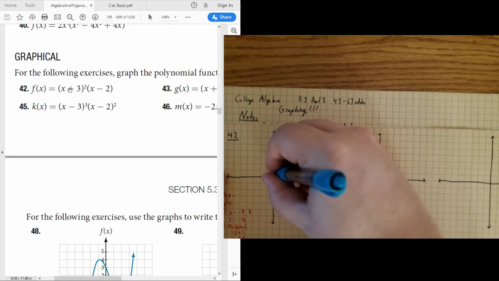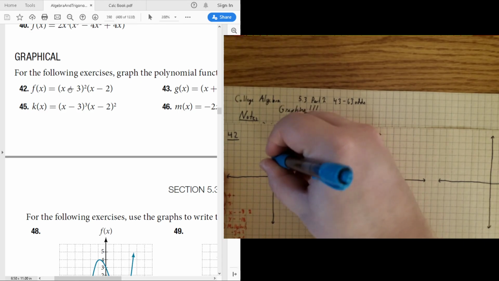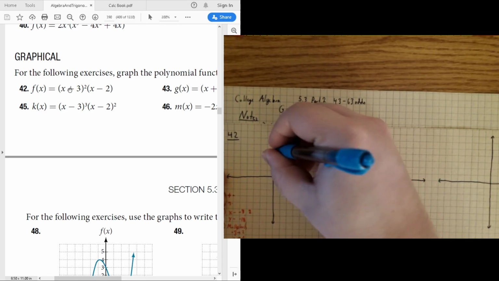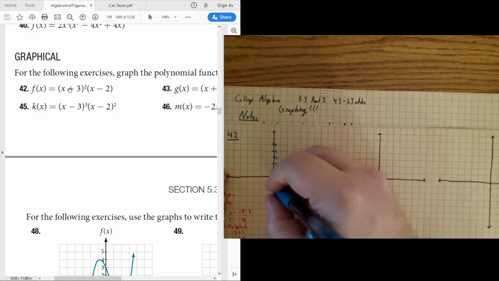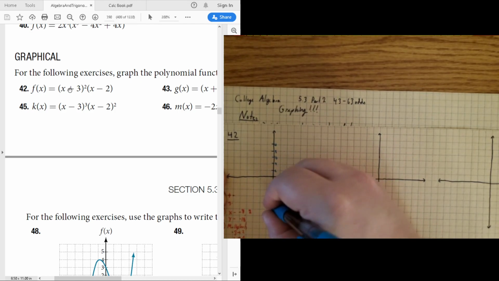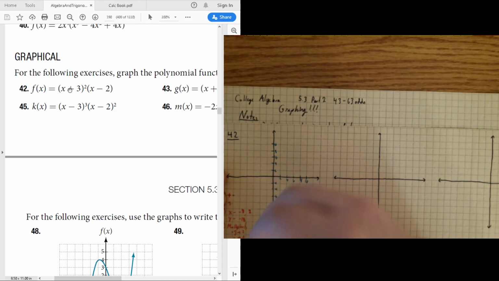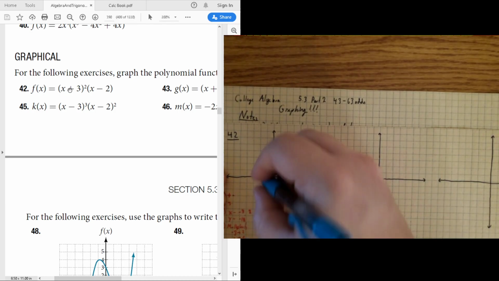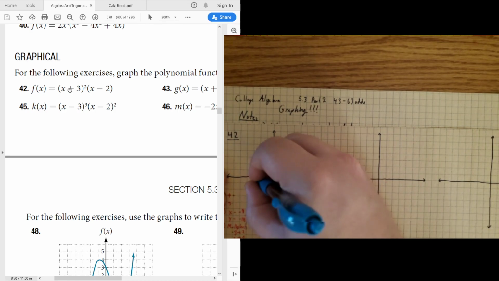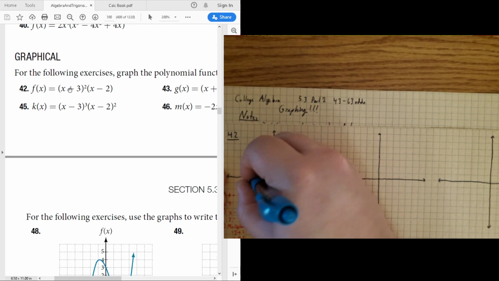This would be 2, 4, 6, 8, 10. This would be at negative 2. You get the idea. I'm going to stop when I know I'm at a point where I can actually graph this thing. So I get negative 16, and then negative 18, and then negative 2, and negative 4. Okay.